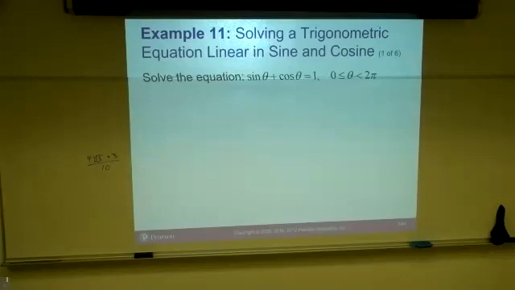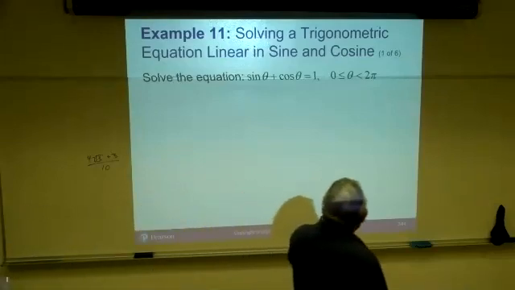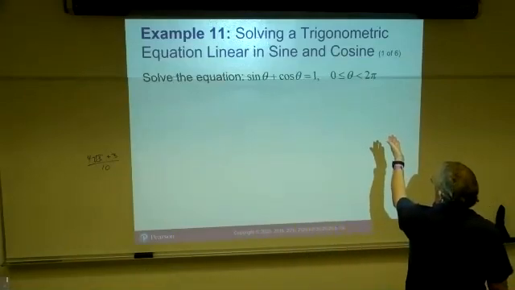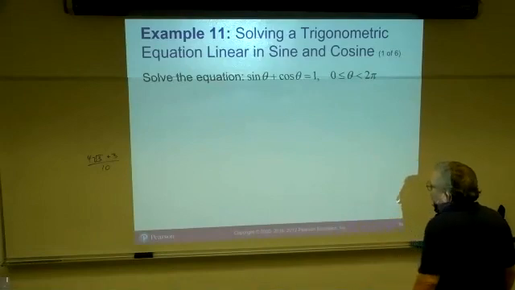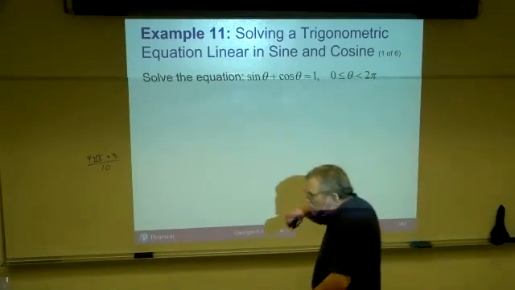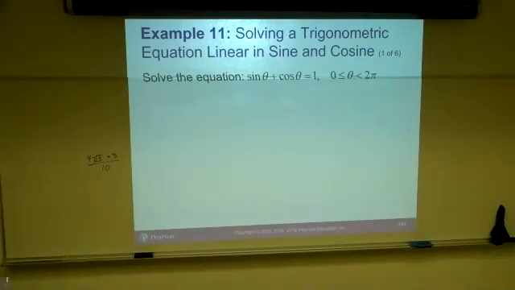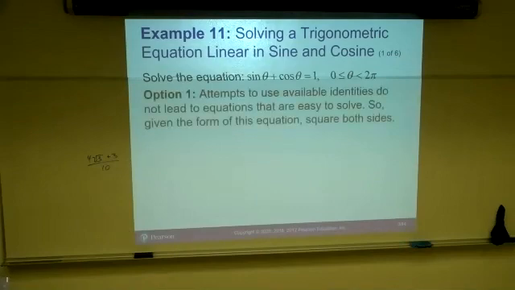Now we have sine plus cosine equals 1. And we're talking between 0 and 2 pi. So that's the whole circle, just the positive degrees less than 360. Okay.